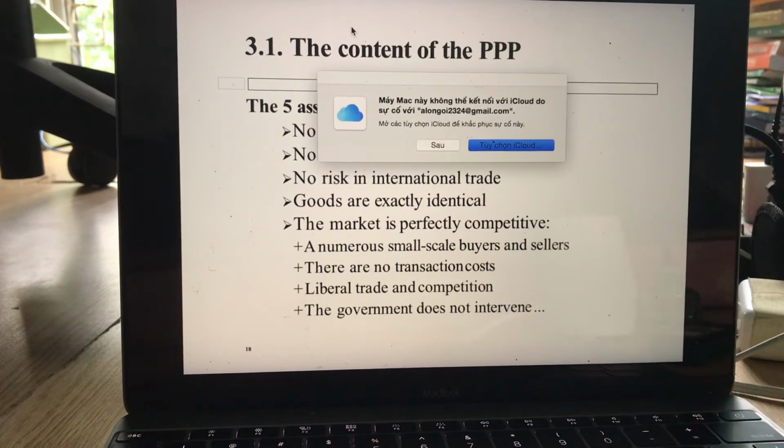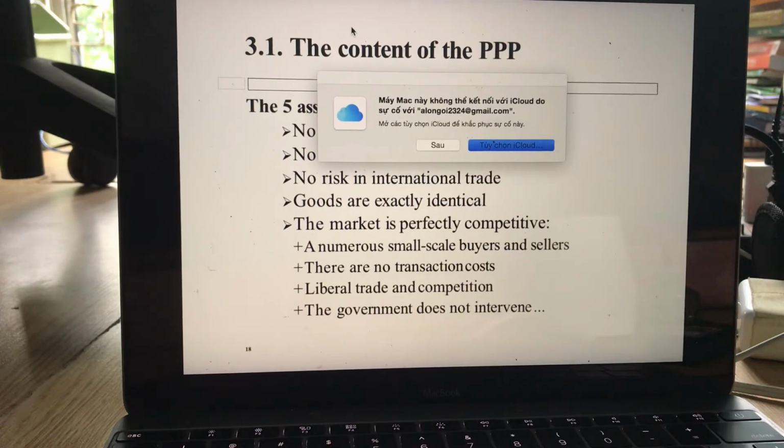Perfect competition means that both the buyer and the seller are price takers. Price takers mean they are small. They cannot affect the price.